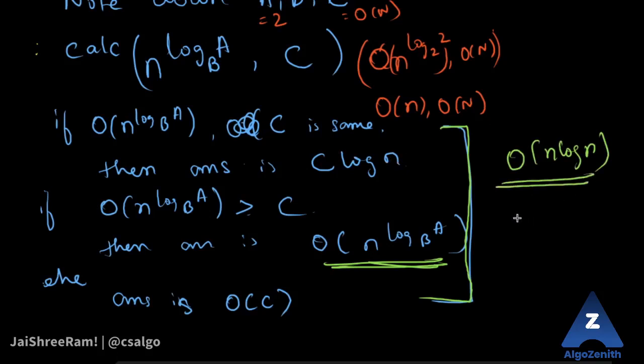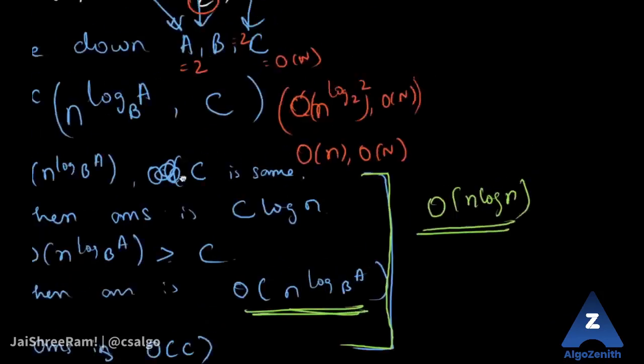Let's quickly look at some examples that should help these things stick in your mind, so that you don't forget them even if you want to. Let's take an example. Let's say T of n is equal to 27 times T of n by 3 plus n to the power 3.